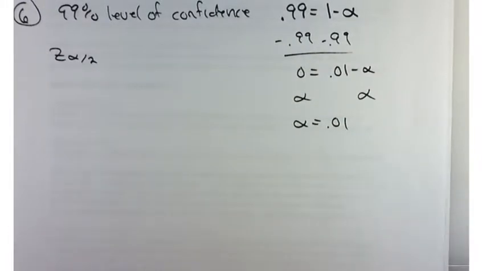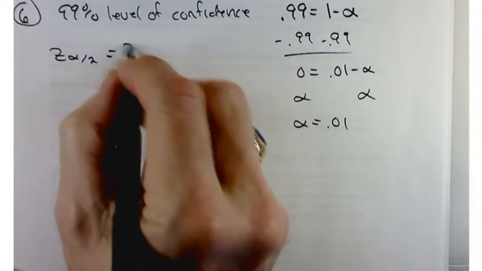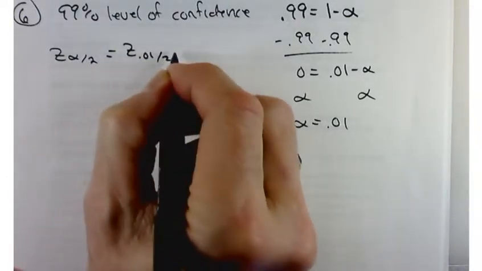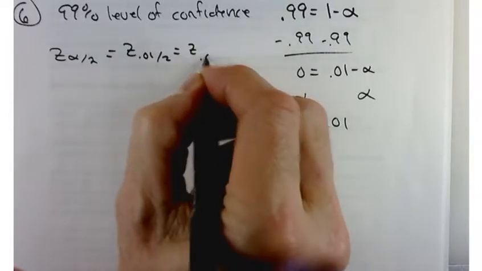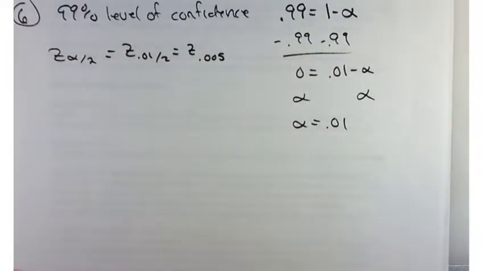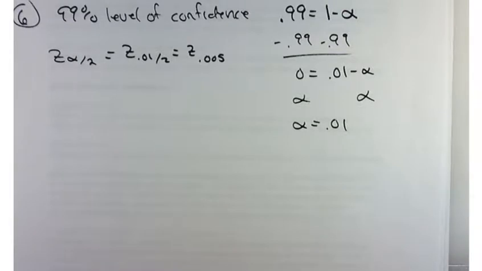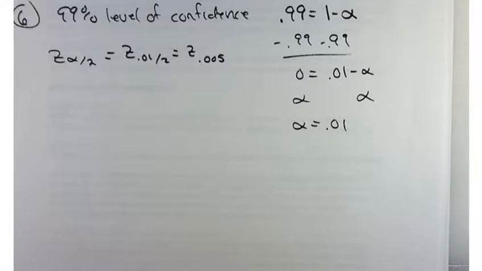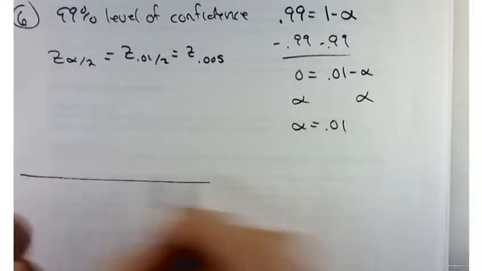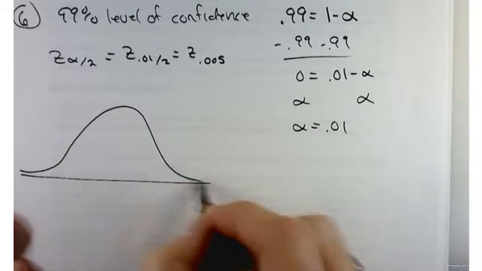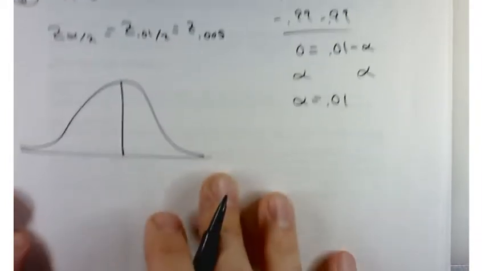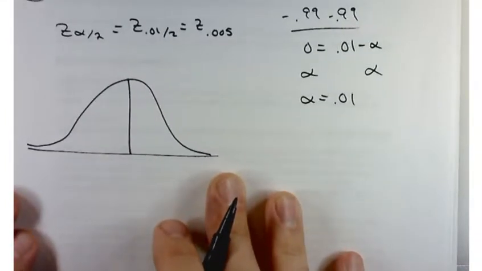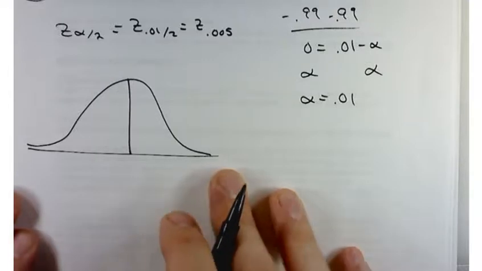Okay, so that's telling me then that I want z sub 0.01 over 2, or z sub 0.005. Charlotte, what does this mean? Z sub 0.005. If I was to draw this, what should I draw, or what should I shade? Yeah, 0.5%, but where?